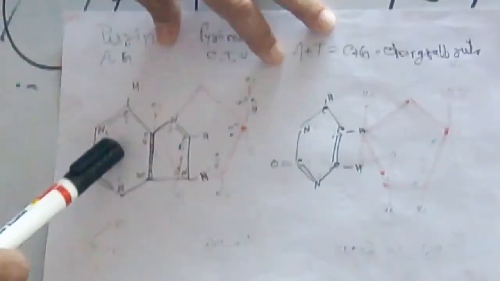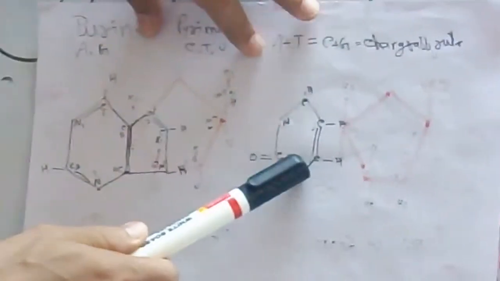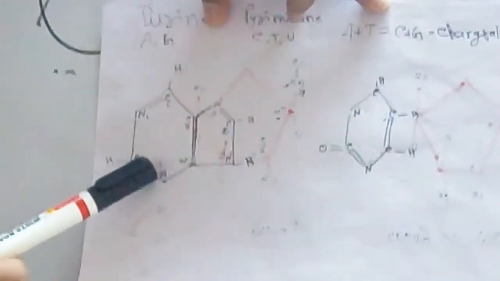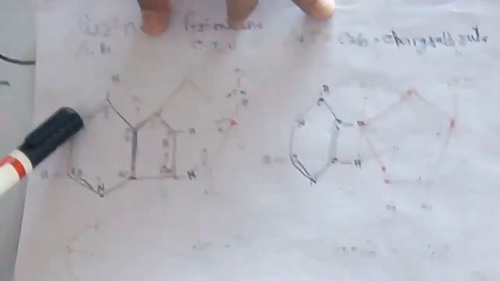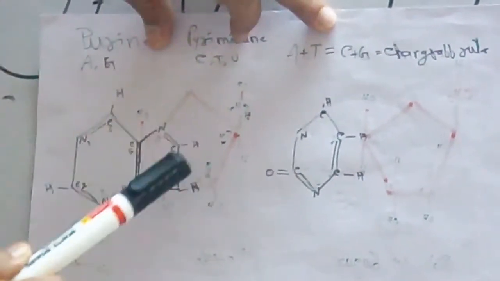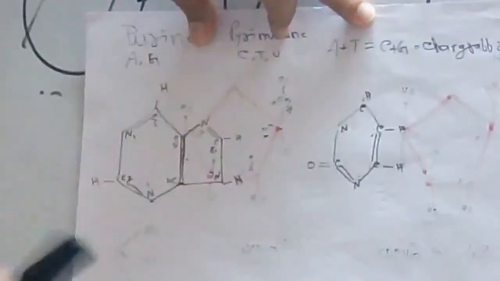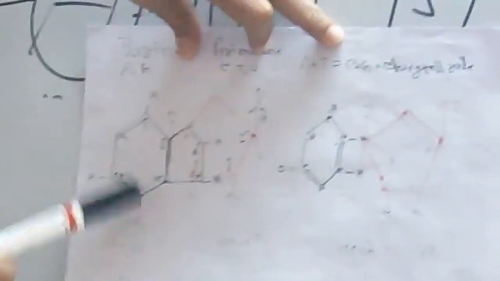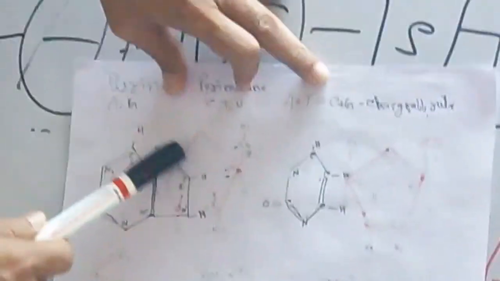There are two rings, one is pentose, one is hexose. Here it is hexose. The second one, purine, consists of, look, nitrogen at positions 1, 3, 7 and 9.